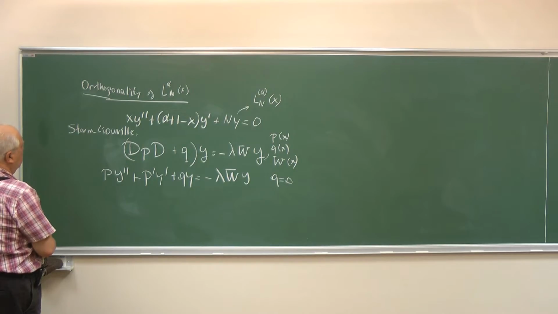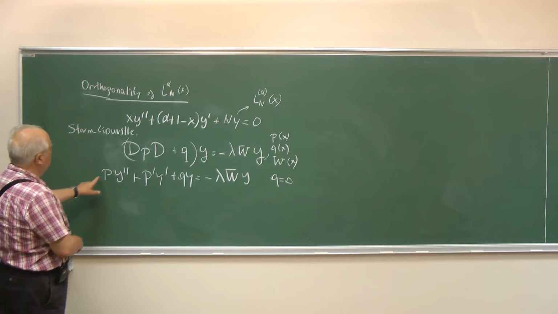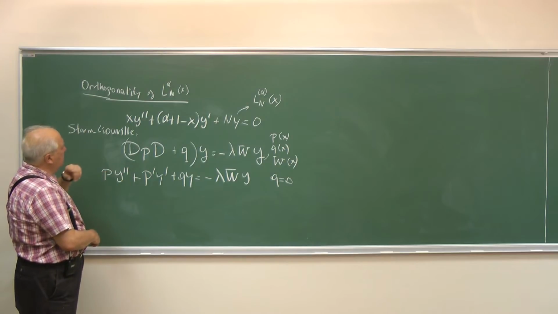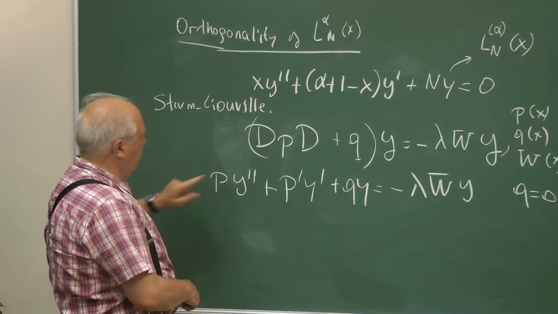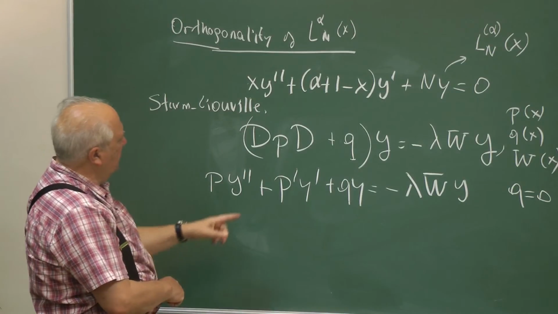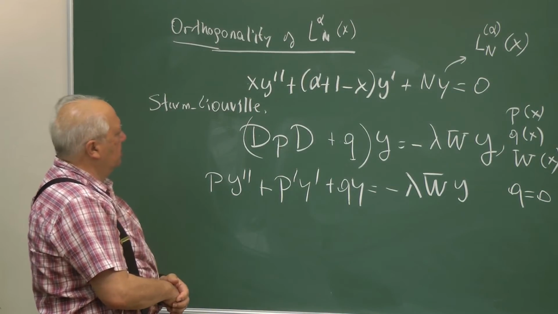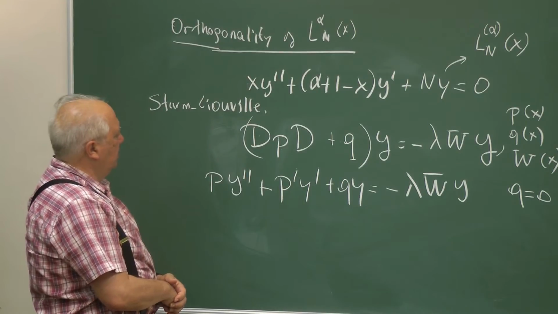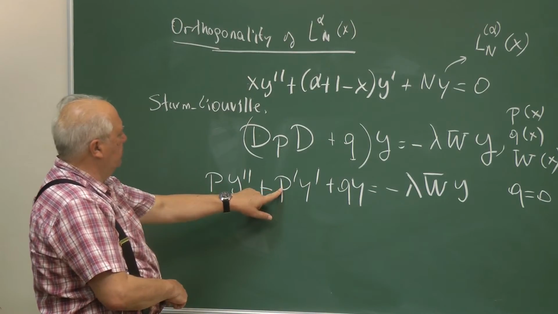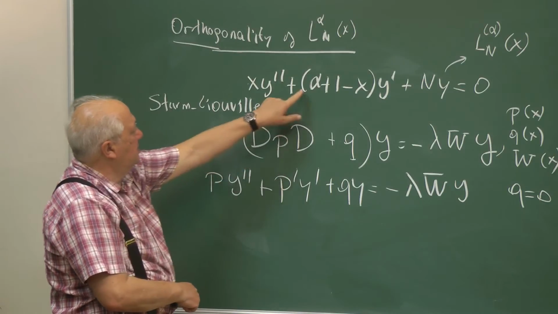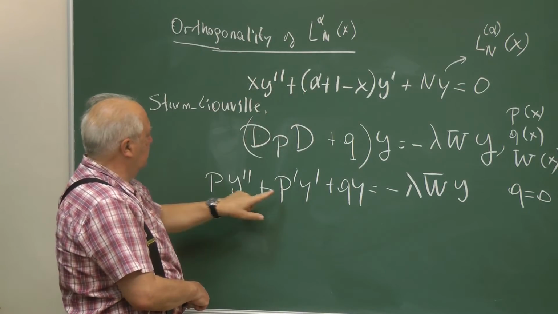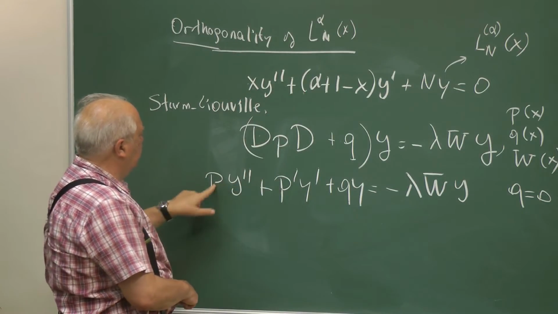And if we compare p and p prime, we cannot really immediately identify x with p. It's just that there may be common factors, so the best thing is to look at this divided by that, which is just p prime divided by p.